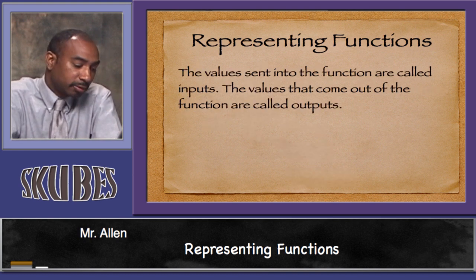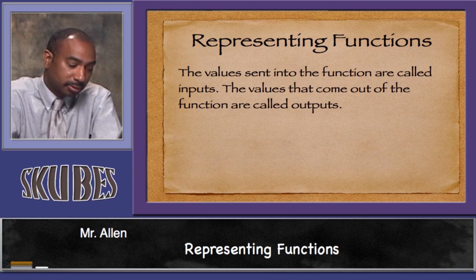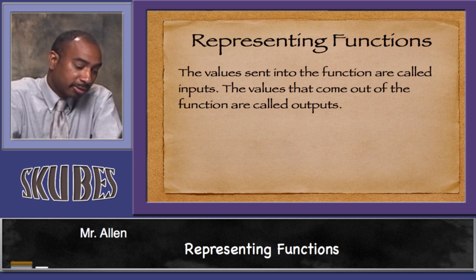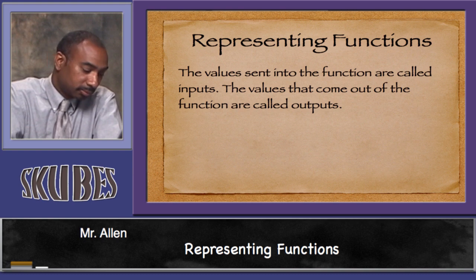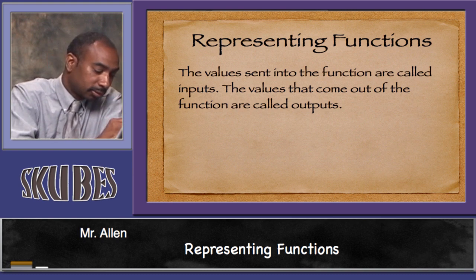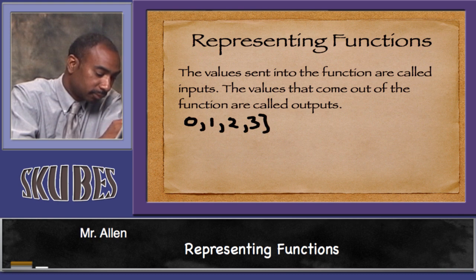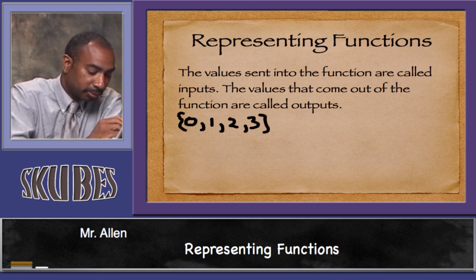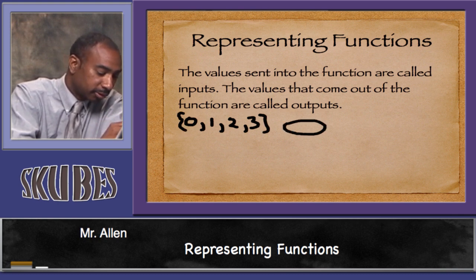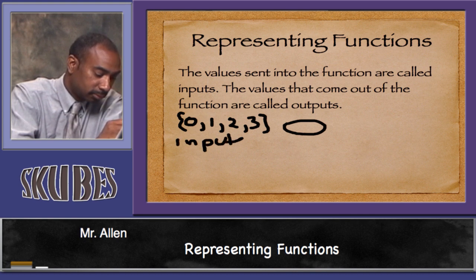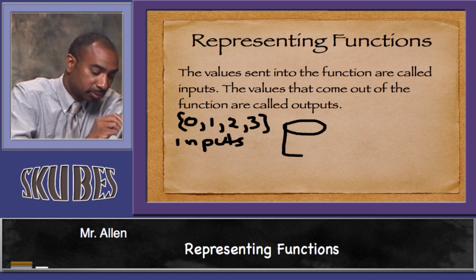The values sent into the function are called inputs. The values that come out of the function are called outputs. So let's say I have 0, 1, 2, and 3. If I'm putting these in the machine, these are going to be called the inputs. This is what I'm feeding into the machine.